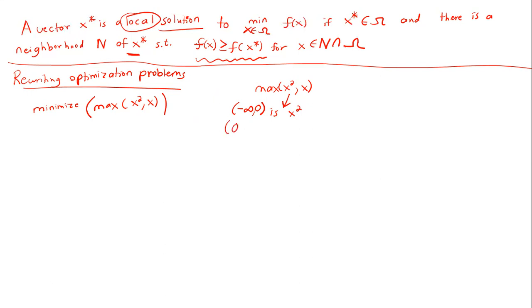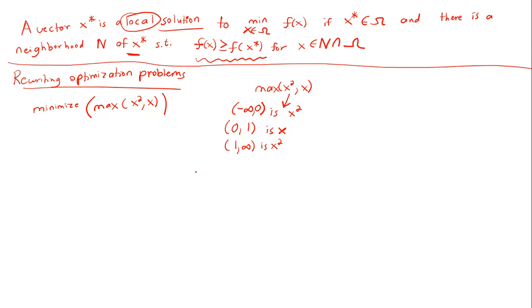Now let's look at the 0 to 1 range. On 0 to 1, this is going to be x, because from 0 to 1, the larger value is going to be x instead of x squared, because that's going to be a case like 0.01 squared is less than 0.01. And then if you look at 1 to infinity, it's going to be x squared again. So this is an optimization problem where we have which of these functions is dominating trading off.